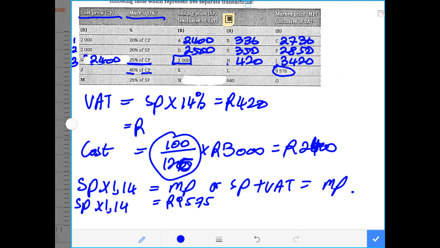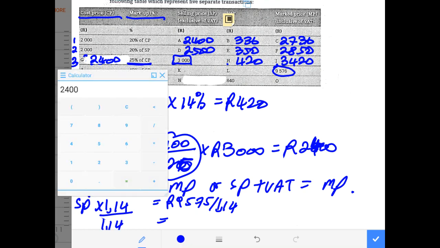So that means my selling price times 1.14 is equal to marked price. What am I looking for? I am looking for selling price. Therefore now we can just divide by 1.14. Then we eliminate this 1.14. Therefore now our selling price will be the net of the calculations, which will be 9,576 divided by 1.14.